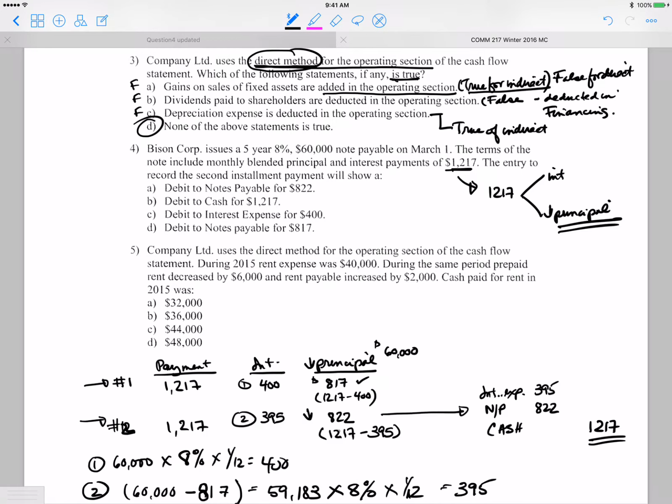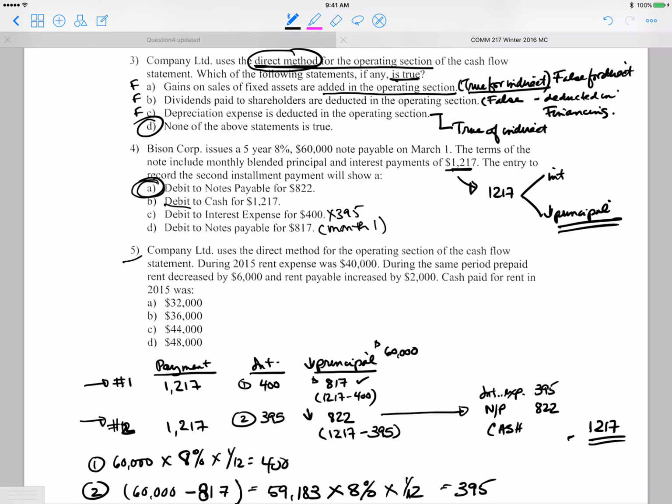So the correct answer to 4 is a debit to note payable for $822, yes. Credit to cash, we can see right here. Debit to interest expense for $400, no, it's $395. Debit to notes payable for $817, well, that would have been in month 1, not month 2. So the correct answer is A.